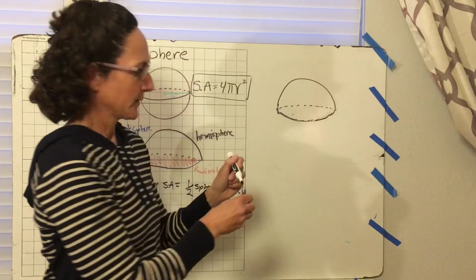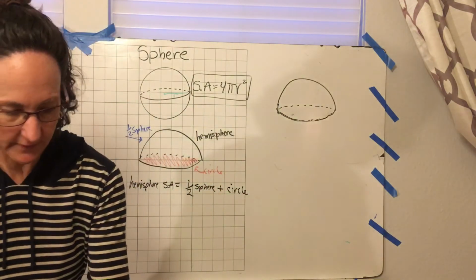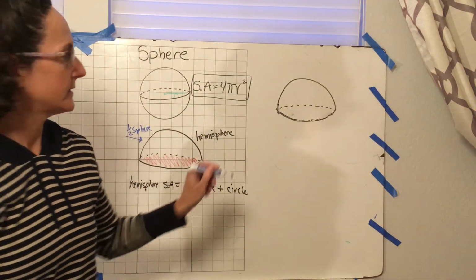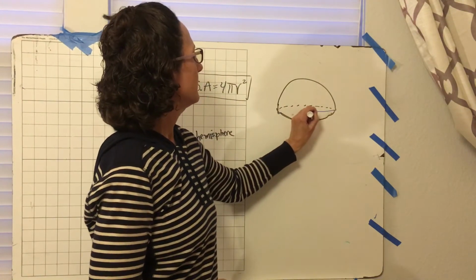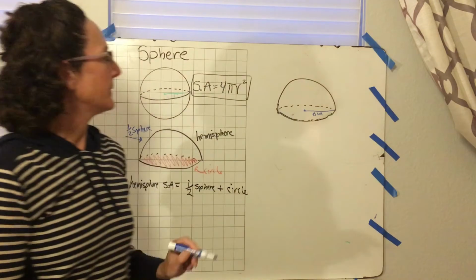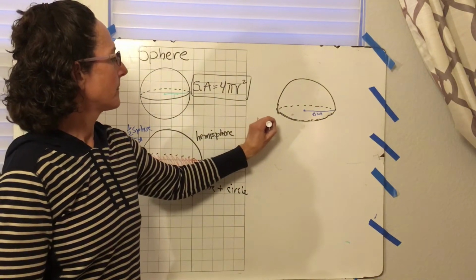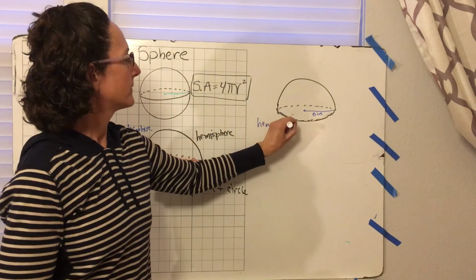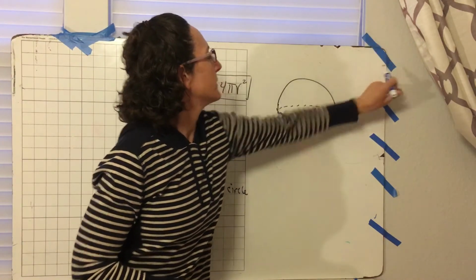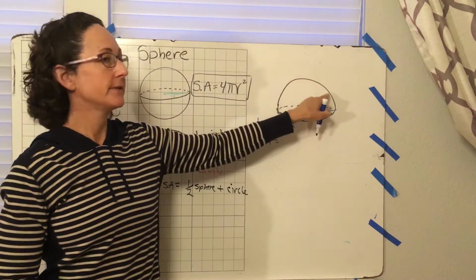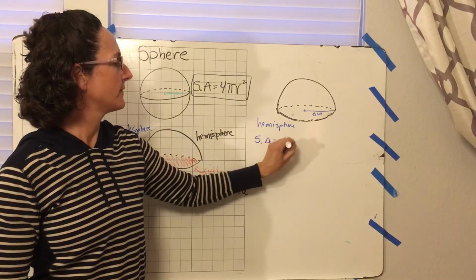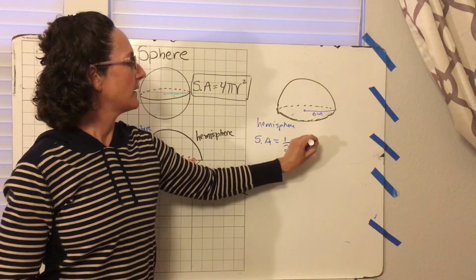I'm going to give you a radius for this. I picked 6 meters. So this is a hemisphere. For the surface area, you have to do half the sphere, so you do half of 4 pi r squared.